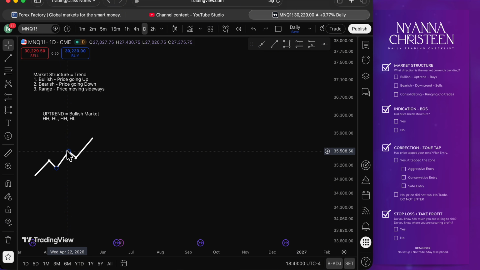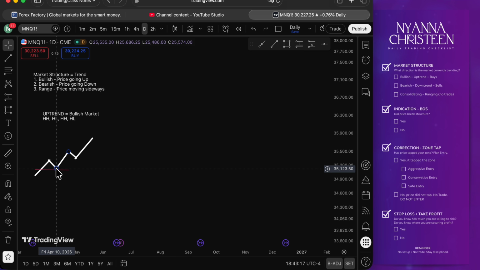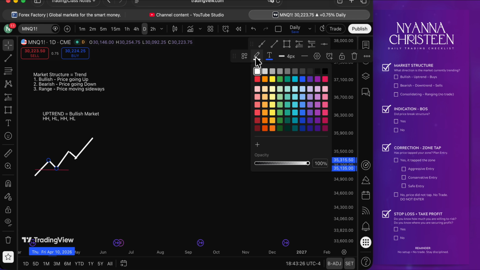So pullbacks are when price moved up, then it pulled back to an area. Price pushed up, then pulled back to an area. That is called a pullback. So these lines here are pullbacks.